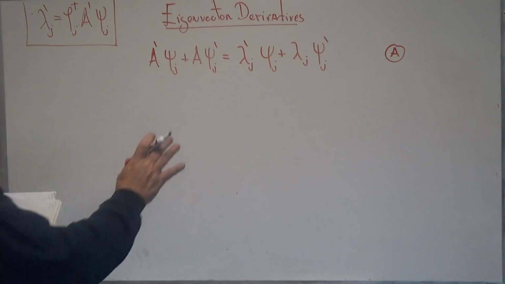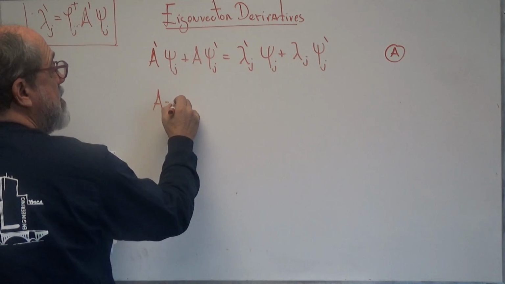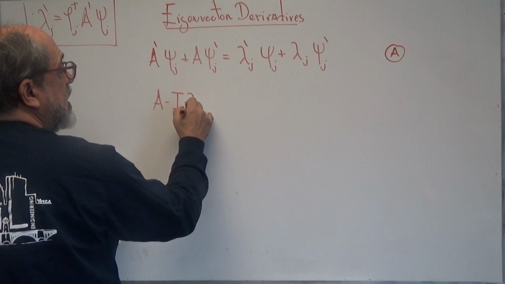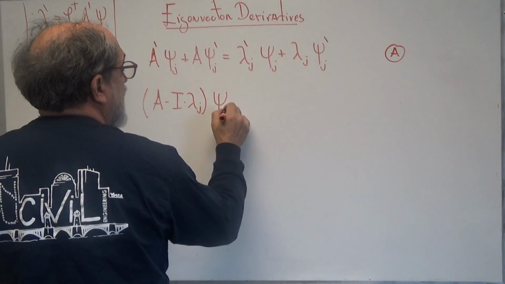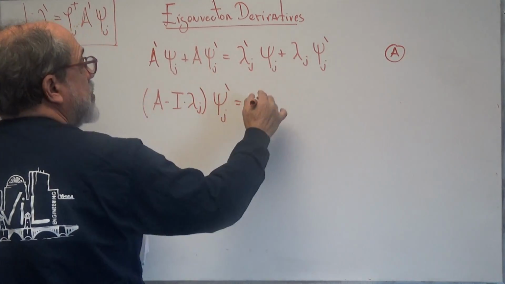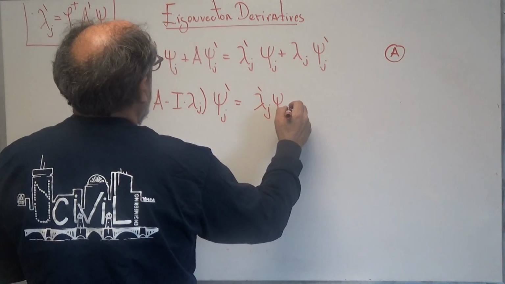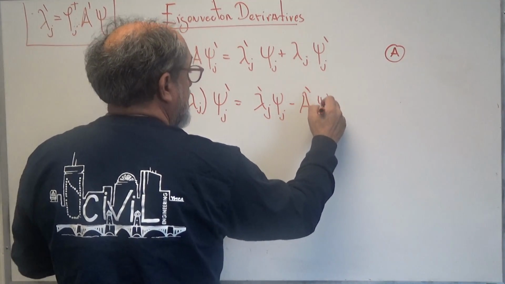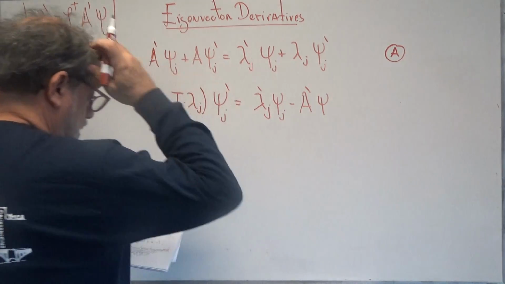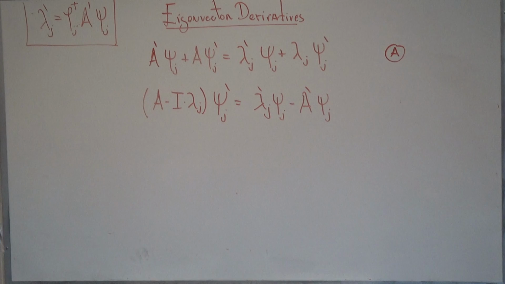What I am going to do is take these two terms, put them together on this side as A minus the identity times lambda j, multiplied by the derivative that I'm trying to find, and then put the other stuff on the right side, which is lambda j prime times phi j minus A prime times phi j.